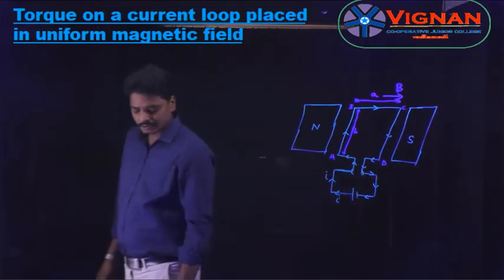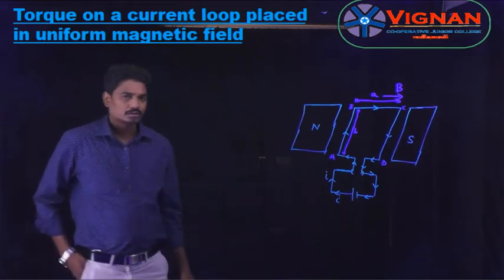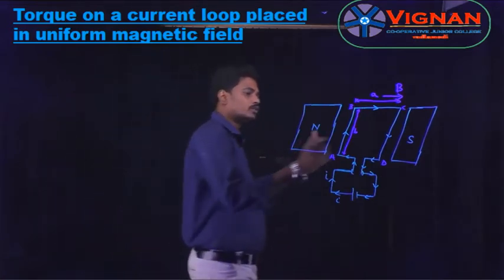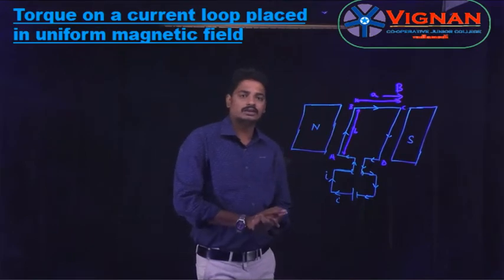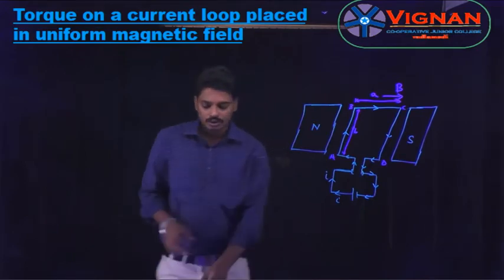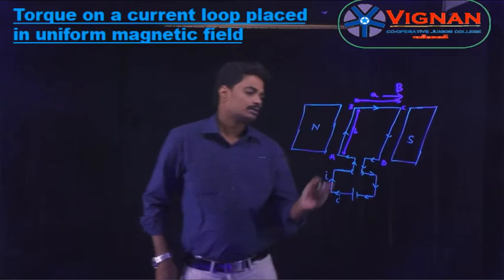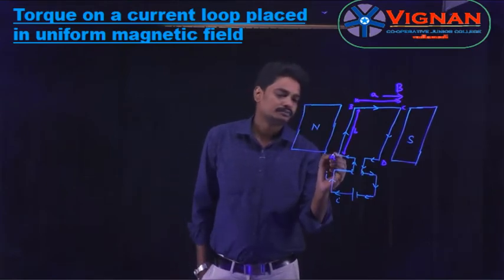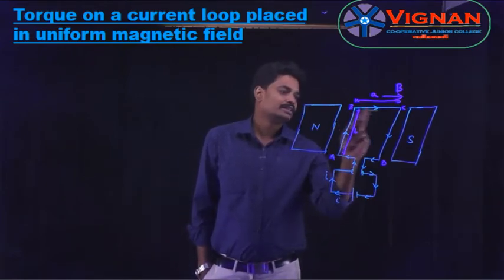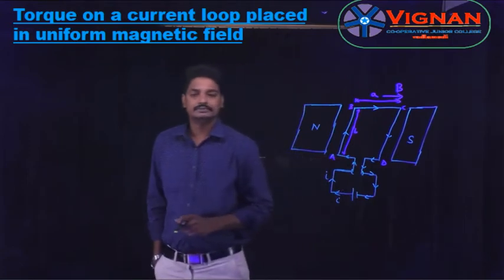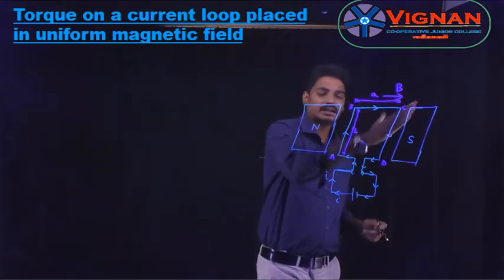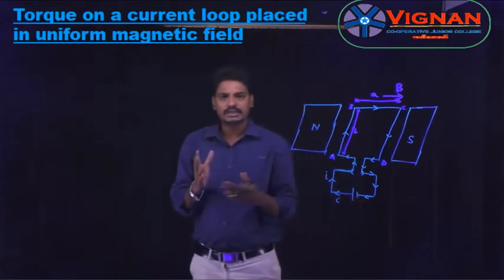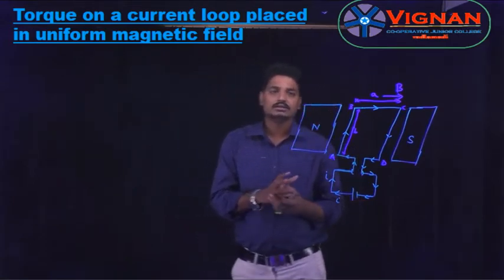Before calculating the torque, let us calculate the force acting on the four wires of the rectangular loop. For that, consider the wires BC and AD. As these wires BC and AD are parallel to the magnetic field, there is no force acting on them.